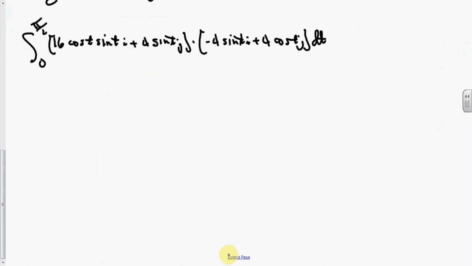Now let's take the dot product. This is the integral from 0 to pi over 2 of negative 64 cosine t sine squared t plus 16 sine t times cosine t.